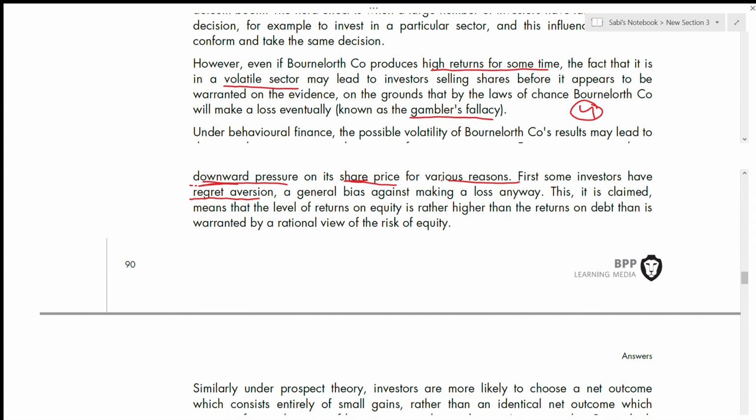So they are claiming that the returns on equity are higher than the returns on debt, even though the rational view says that equities are riskier. Therefore, cost of equity will be higher than cost of debt because more risk is there. Even though the rational view says that, they believe the returns on equity are higher than returns on debt.